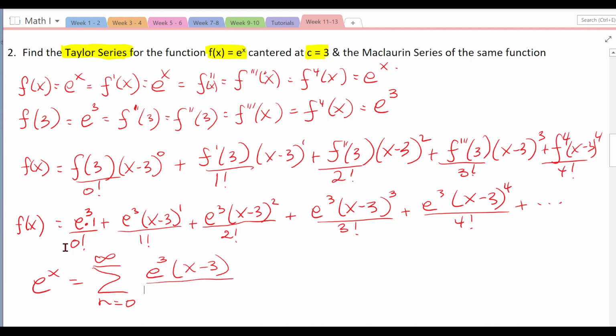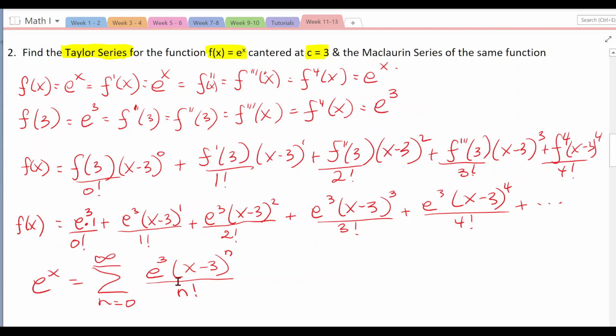As you can see here, it's 0, 1, 2, 3 factorial, so it's going to be n factorial, and this is also raised to the power of n. I think that's pretty much it for our Taylor series: e to the power of 3 times x minus 3 to the power of n over n factorial. You can always test that this is the same as the expanded version.